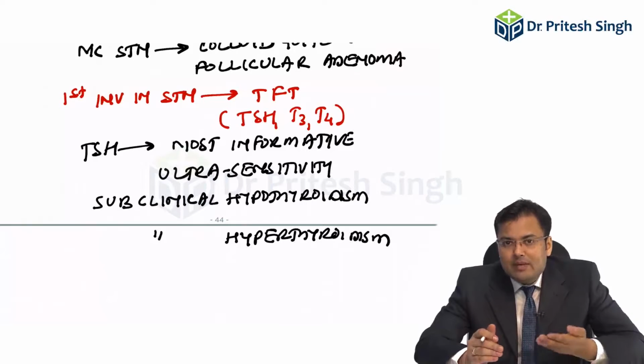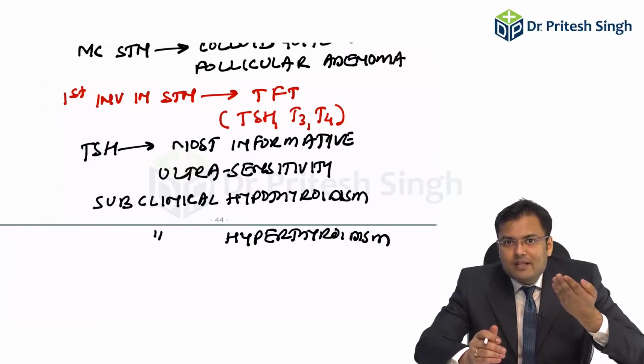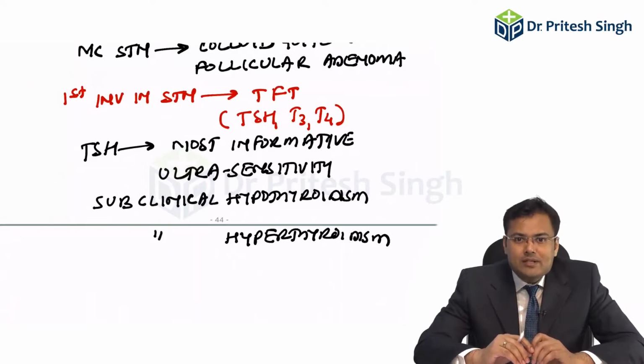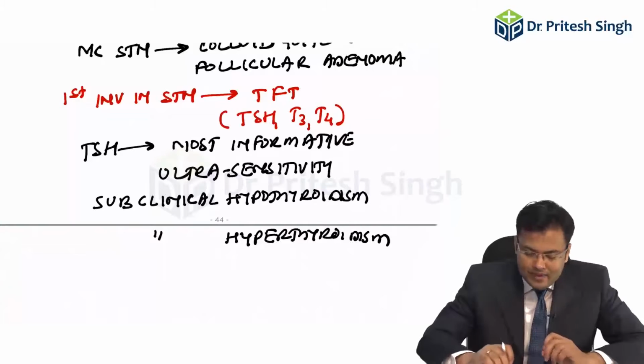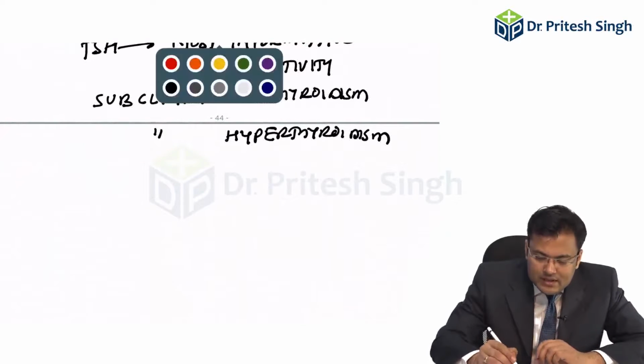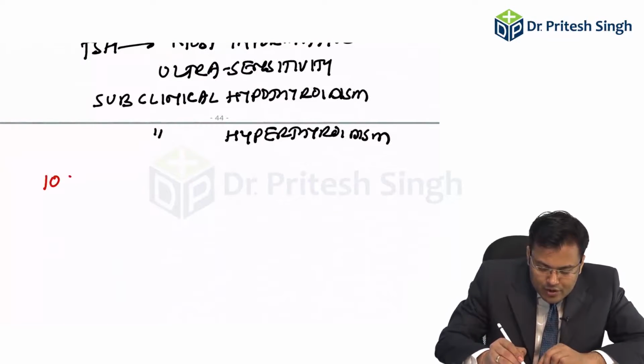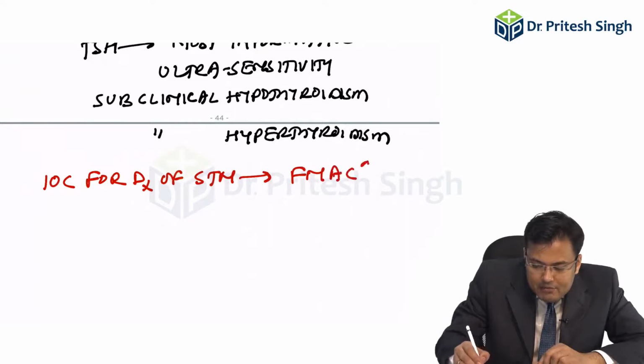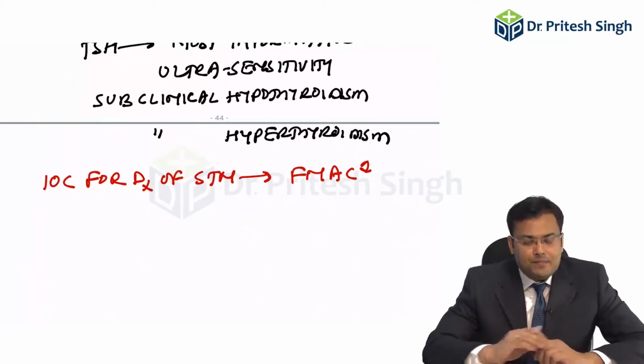In hypothyroidism, there is elevation of TSH, and in hyperthyroidism, there is decrease in level of TSH. So we can diagnose subclinical hypothyroidism and hyperthyroidism. After that, what is the investigation of choice for diagnosis of solitary thyroid nodule? This is a very important question, and that is FNAC.